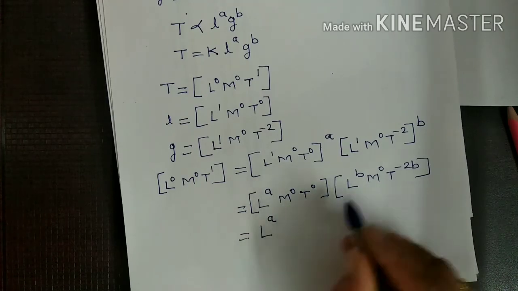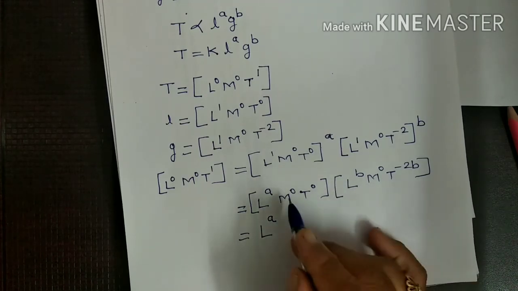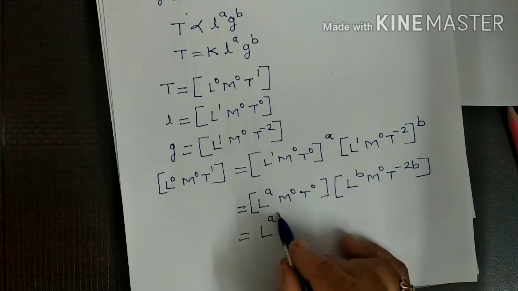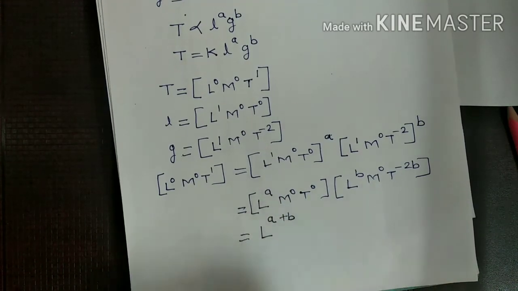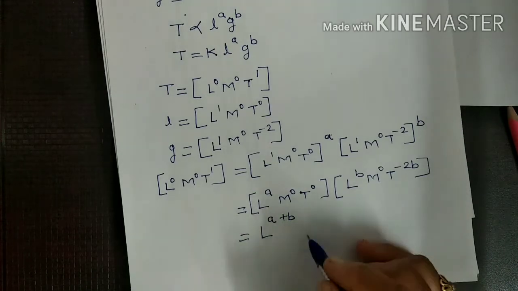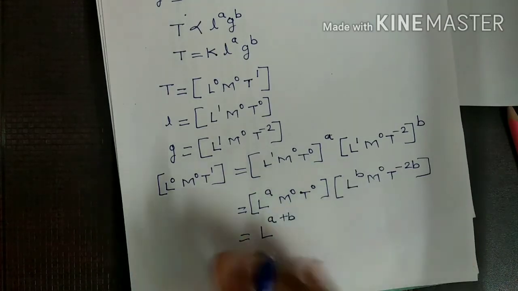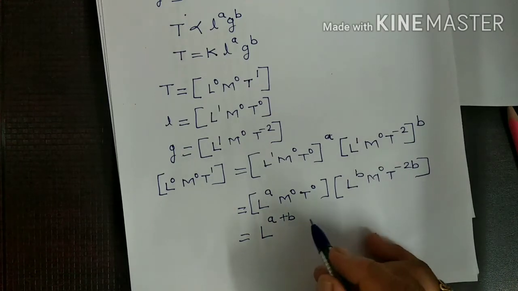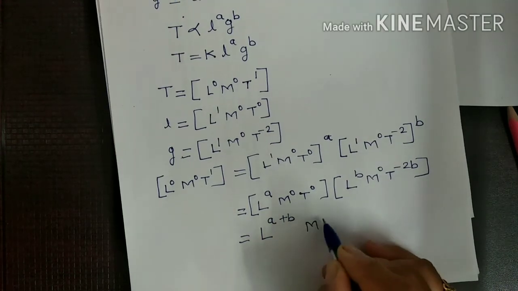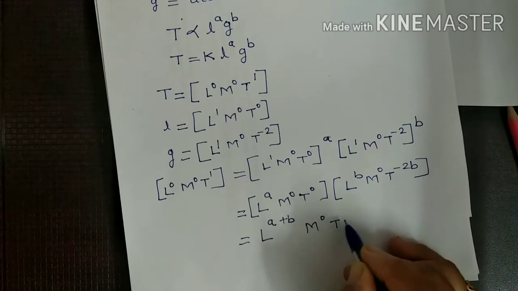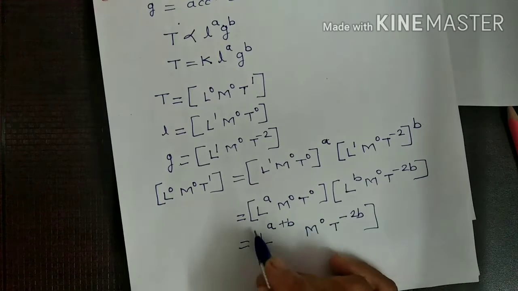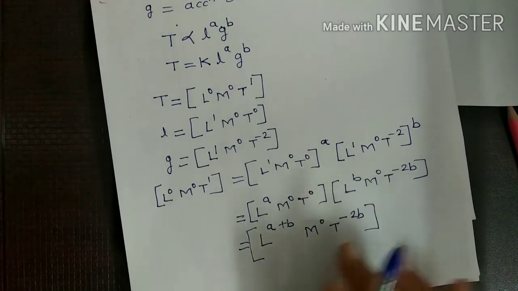The bases are the same, so there is addition of the powers, that is L raised to the power a plus b. Then M is 1 and T is raised to the power 0 minus 2b, that is T raised to the power minus 2b.